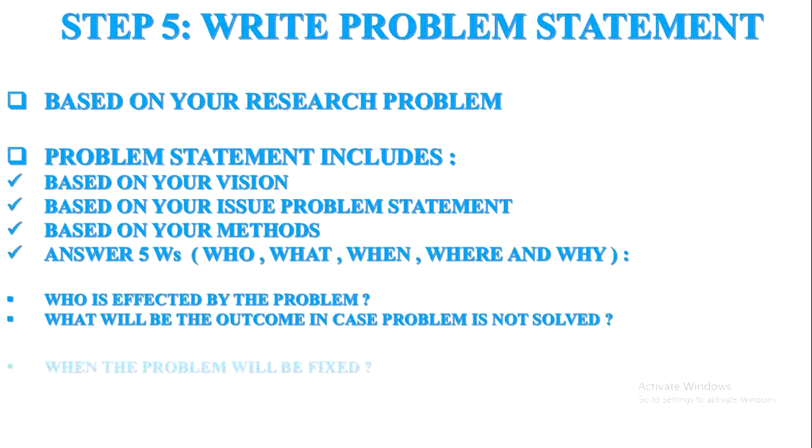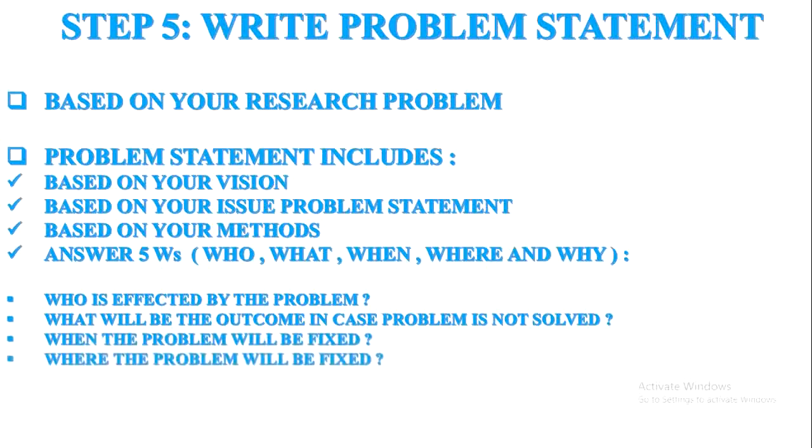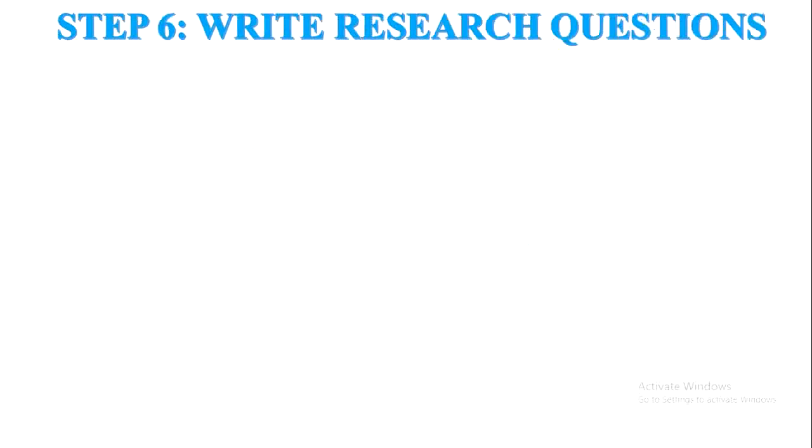Third, when the problem will be fixed. Number 4, where the problem will be fixed. Number 5, why it's important to solve the problem. So when you are writing your research problem, you have to answer these 5 questions.